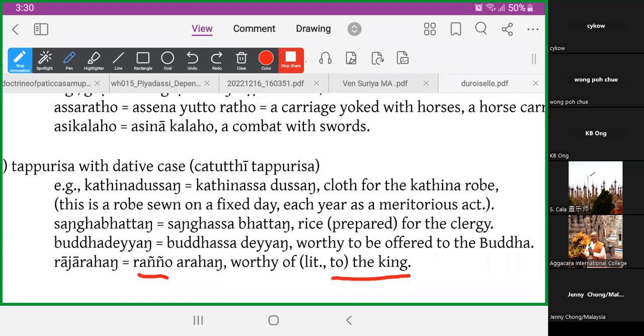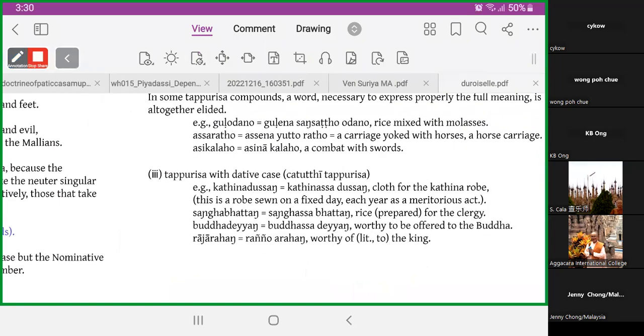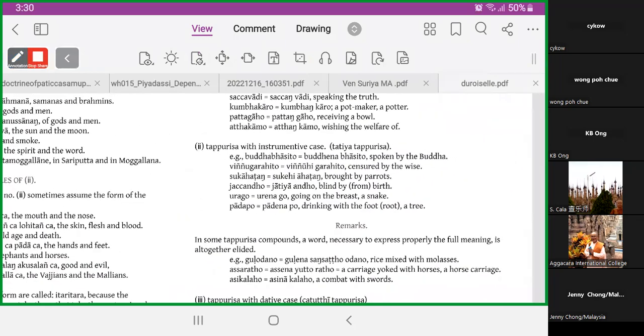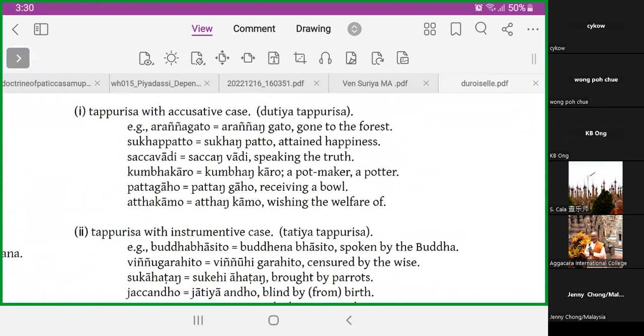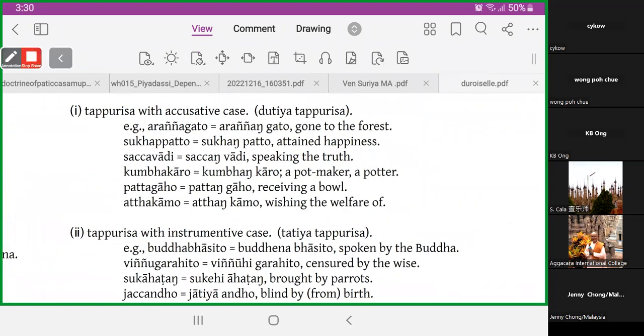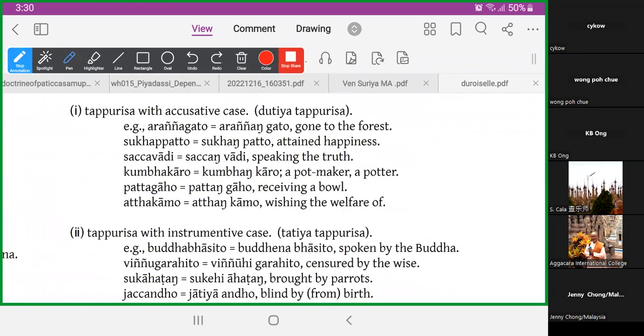All right. So far when you see the pattern, you already quite clear in your mind. So I will just give a short review. If you have the accusative case, when you combine, you just have to drop the case ending of the first member.